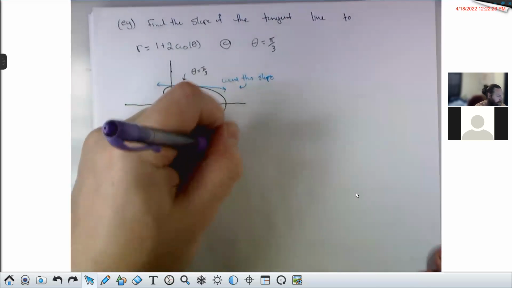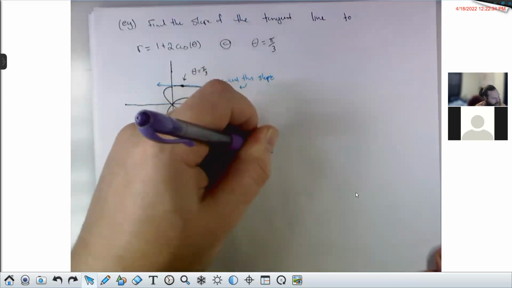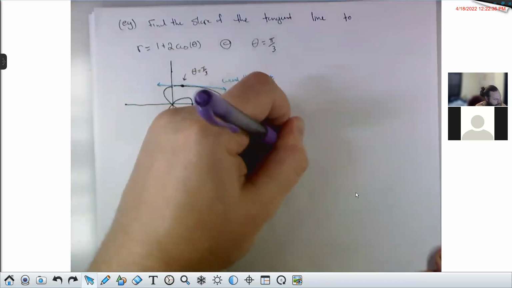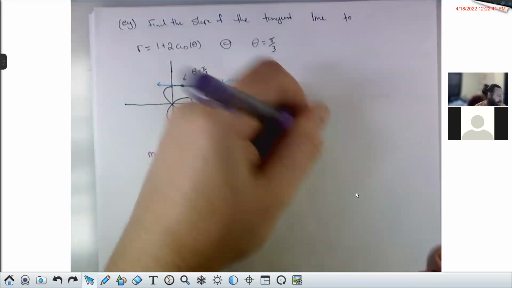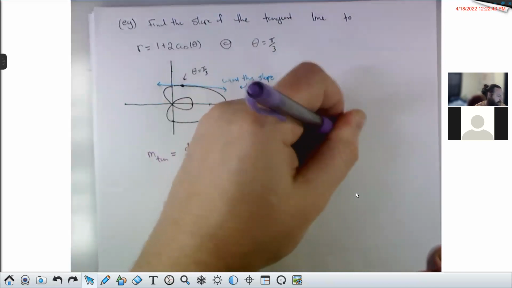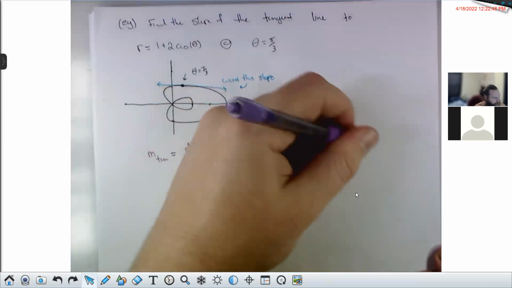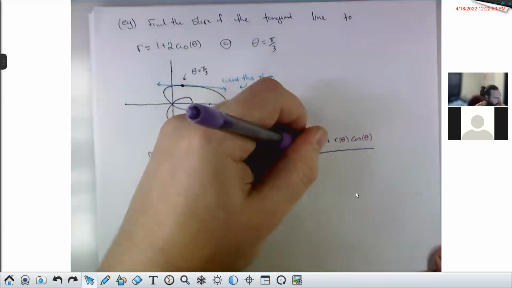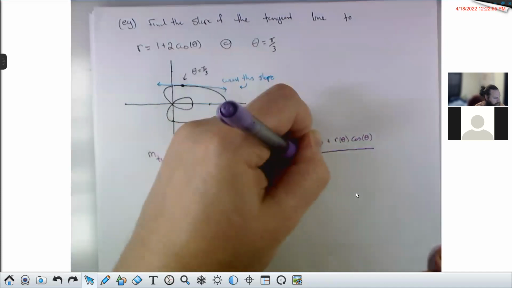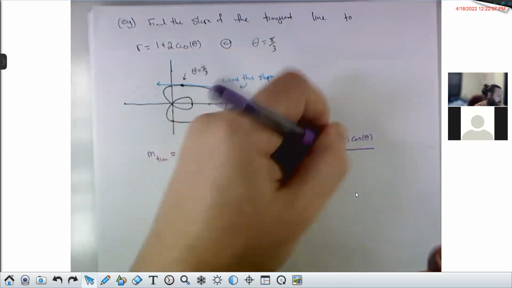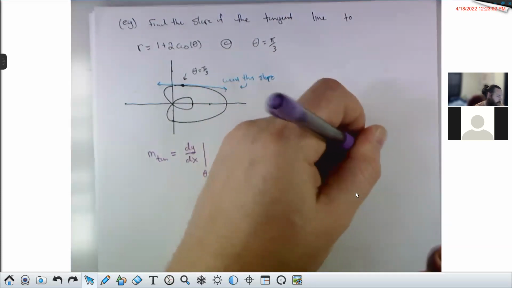And we just discovered that dy dx should be dr d theta times sine theta plus r of theta times cos theta, divided by dr d theta times cos theta minus r of theta times sine theta.